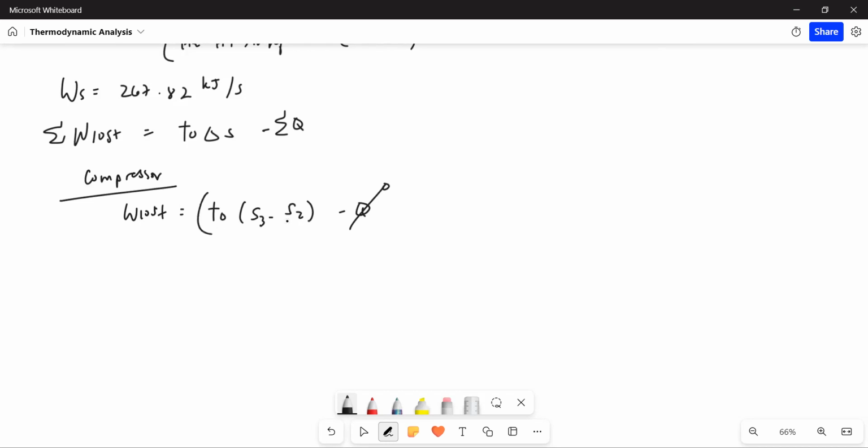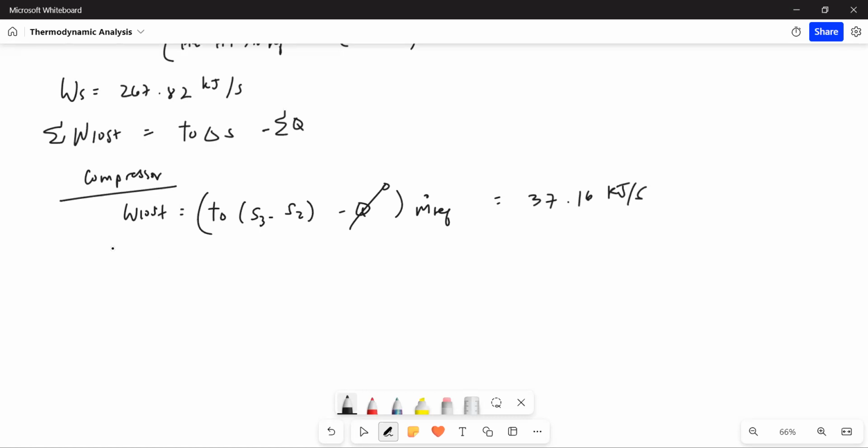Substitute everything and multiply with the mass flow rate of the refrigerant, and you will get 37.16 kilojoules per second.